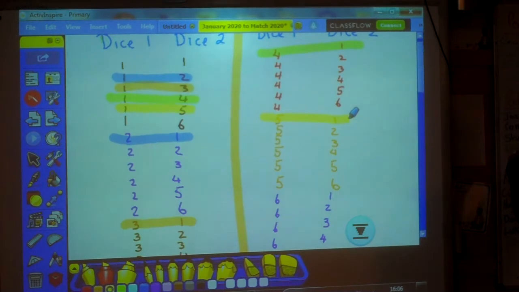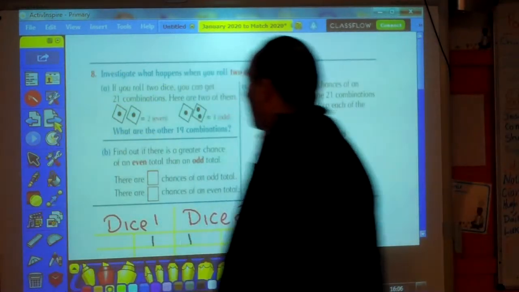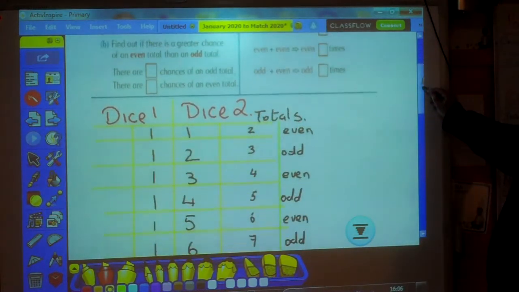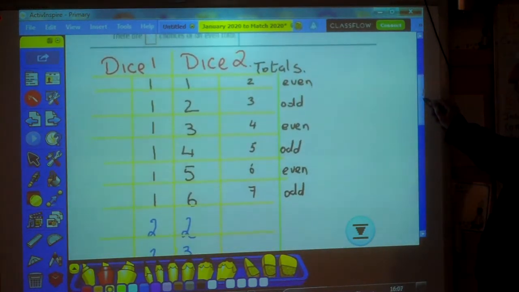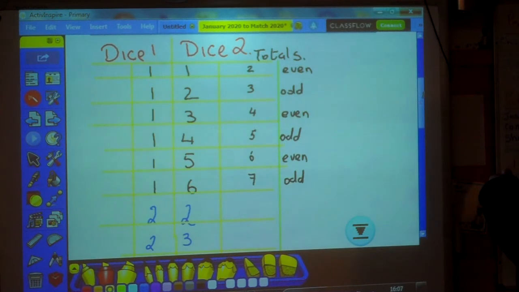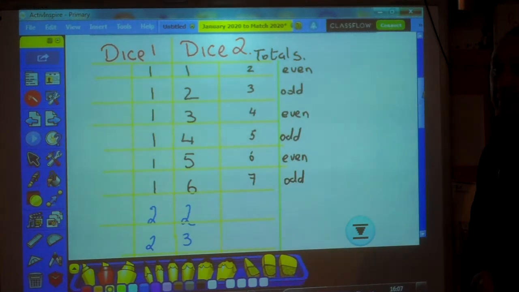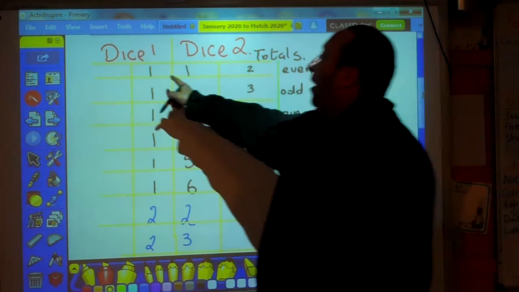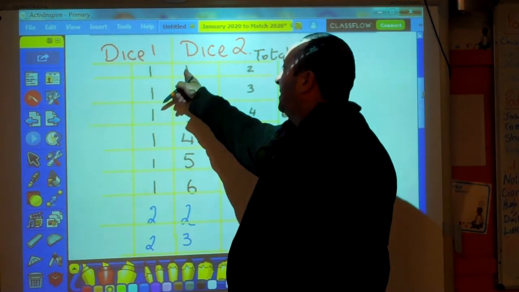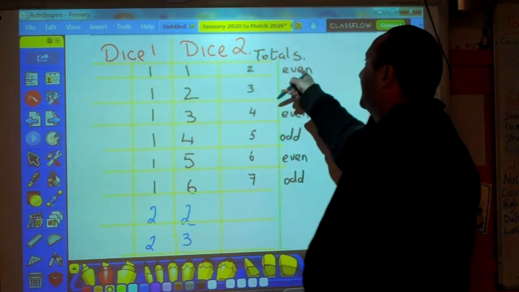So we fine-tuned that, we got the job done, and we moved on then to look at the possibilities that would give us 21. So I'll be looking for you to finish this off for me, dice 1, dice 2, and then using this, be able to answer questions 8A, B and C. So your possibility was a 1 and a 1, the total is a 2, and that's an even number.